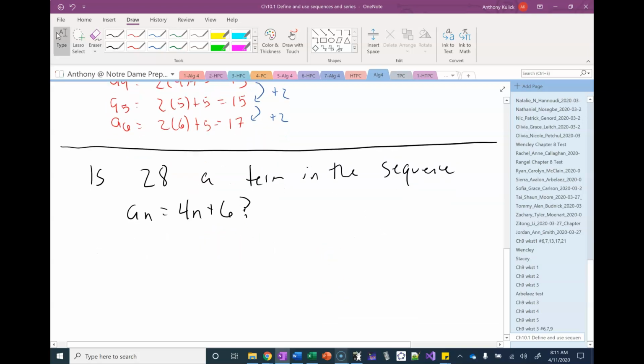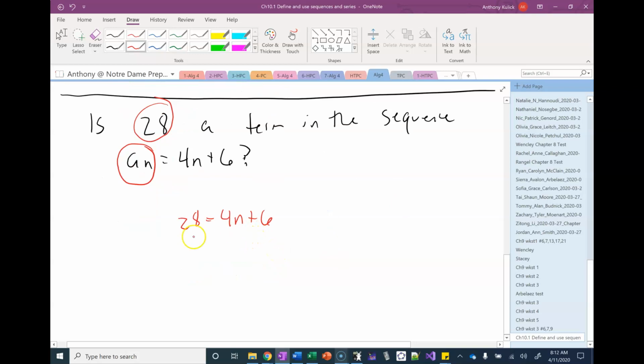So let's ask the question, is 28 a term in the sequence a sub n is equal to 4n plus 6? Well, what we're going to do to figure this out is we're going to replace the a sub n with 28 and then solve for n.